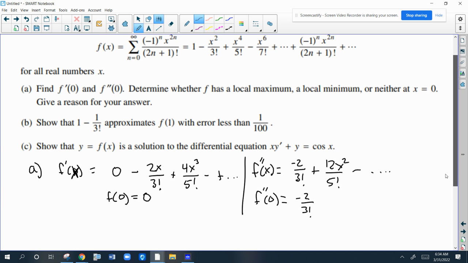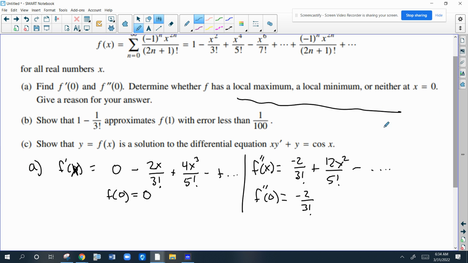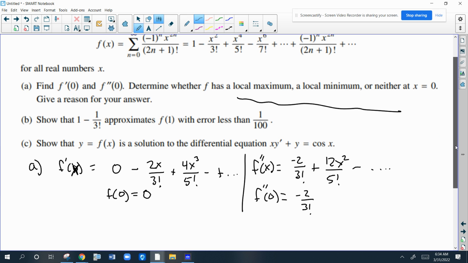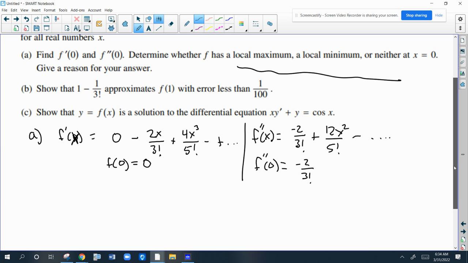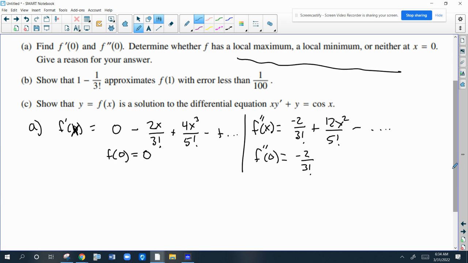So the next question is, do we have a local minimum or maximum or neither at x equals 0? So you have to remember, this really involves a second derivative test. Remember, local or relative mins and maxes can only occur at critical numbers. First of all, f prime of 0 is 0, so there's a critical number x equals 0, and the second derivative is negative.